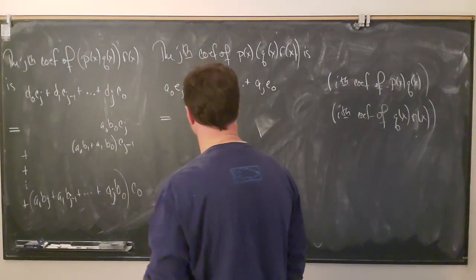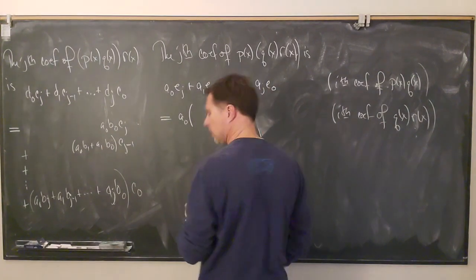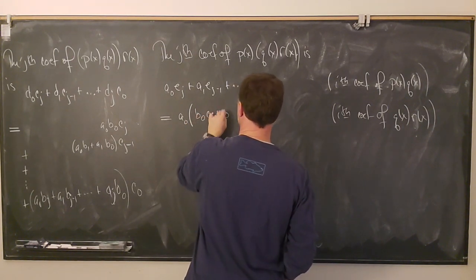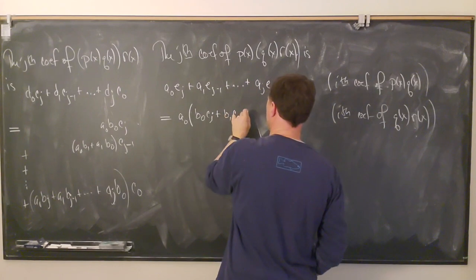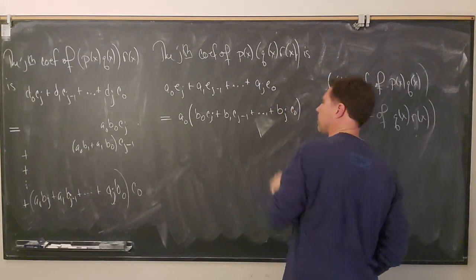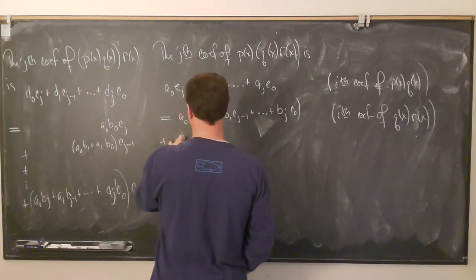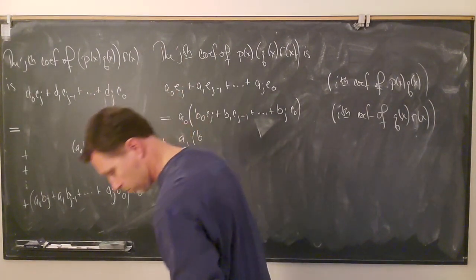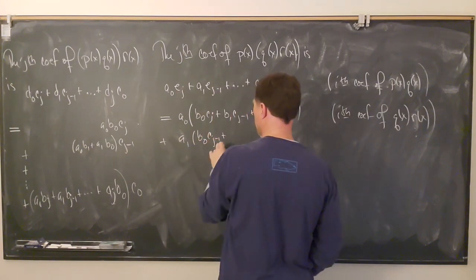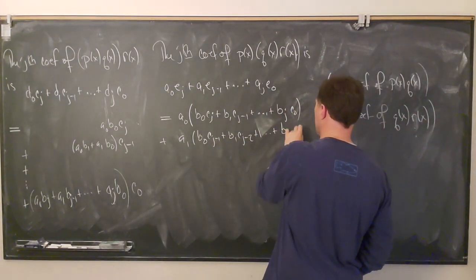So this one's going to be A0 times E sub j, which is B0 C sub j plus B1 C sub j minus 1 plus dot dot dot plus B sub j C0, plus, let's write the next one, plus A1 times B0 C sub j minus 1 plus B1 C sub j minus 2 plus blah, blah, blah, plus B sub j minus 1 C0.